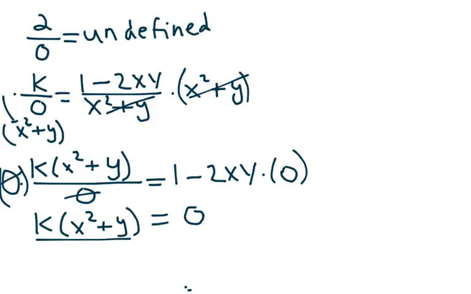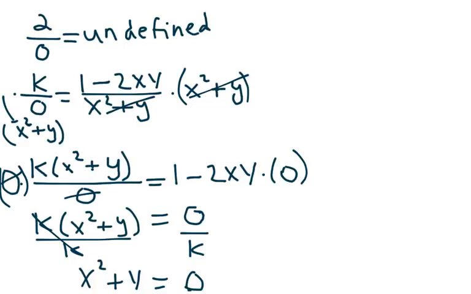Now we're going to divide by k because we're trying to solve for y, so we're trying to get y alone. 1 over k times (x squared plus y) equals 0.